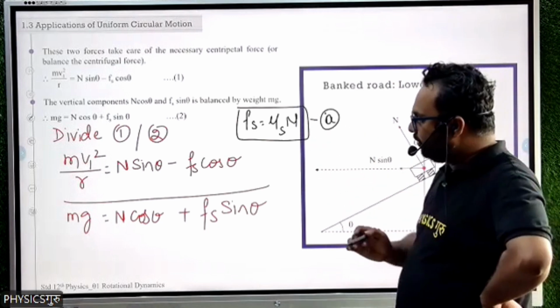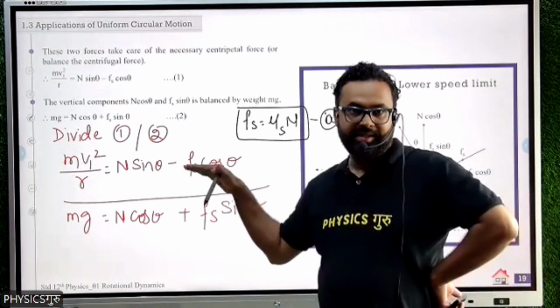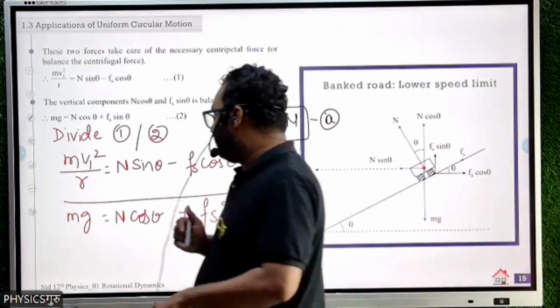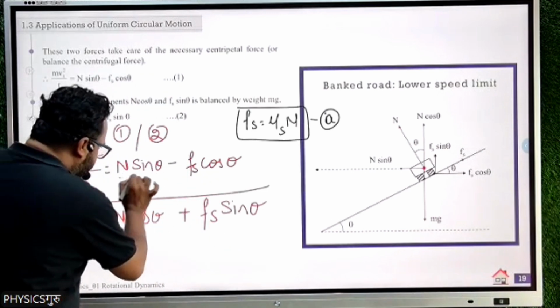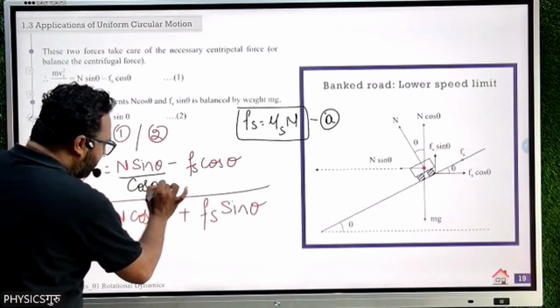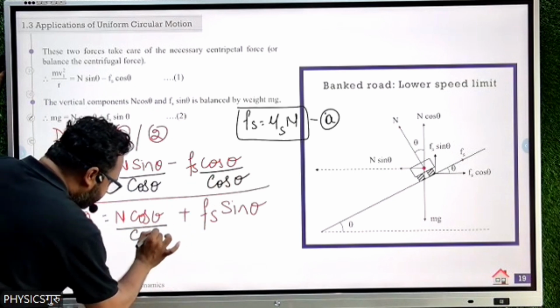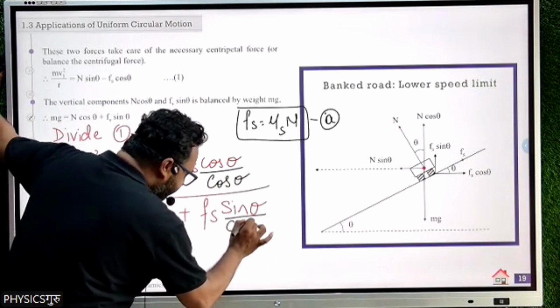Second, we need to divide the entire equation by the cos component, by cos theta, numerator as well as denominator. So why are we doing this?